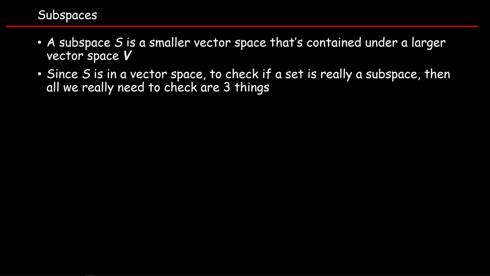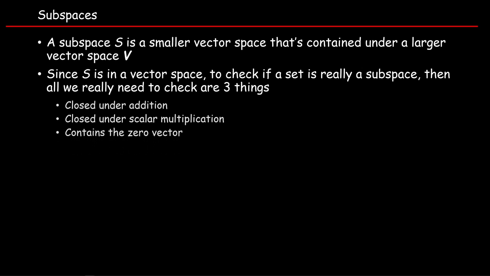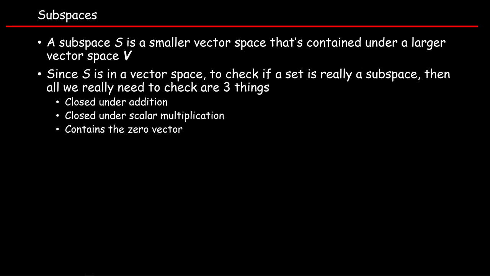Because S is a vector space, to really check if it is a subspace, we just need to check 3 things instead of the 10 axioms. The first one is closed under addition, then closed under scalar multiplication, and then containing the 0 vector. And that's pretty much it for subspaces.